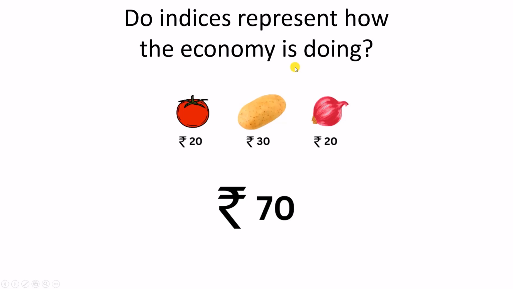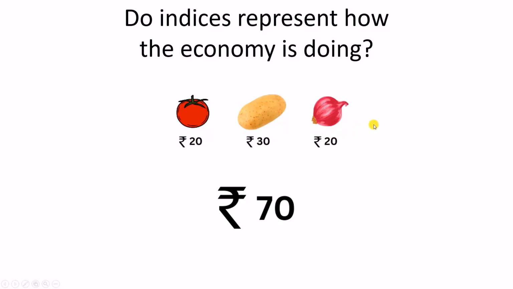No, it is not like that. The reason is this. Once again, coming back to the example. See here, 70 is our index which gives you the price of these three vegetables and these three vegetables only. Correct? Apart from these three vegetables, there are various other vegetables too.